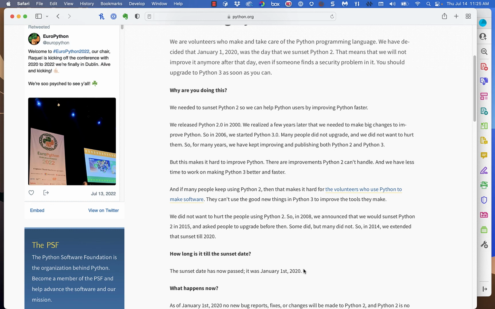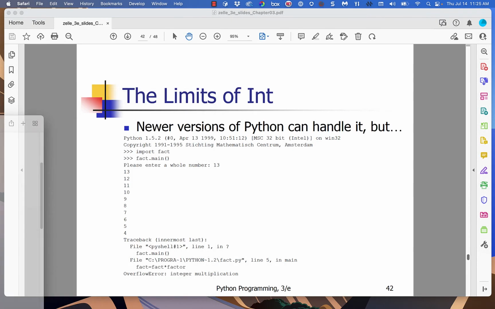January 1st, 2020. So Python 1 and Python 2 are no longer supported, only Python 3. So we shouldn't be talking about Python 2. We shouldn't be using Python 2. We shouldn't be reading books that are about Python 2 unless we're a programming historian. Python 3 is it.